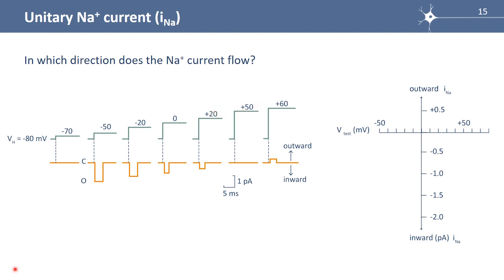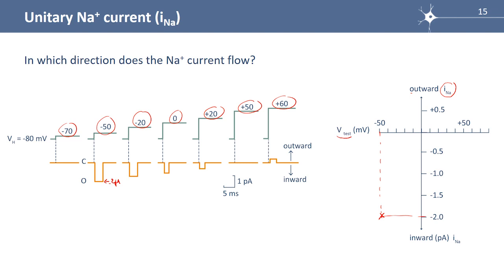Let's build the IV curve. Here on the right, we plot the unitary sodium current versus membrane potential at the test values, which are the values here: minus 70, 50, 20, 0, plus 20, plus 50, plus 60. How do we do that? For example, here we have this current, which is about minus 2 picoamps for minus 50 millivolts. So the point is here.